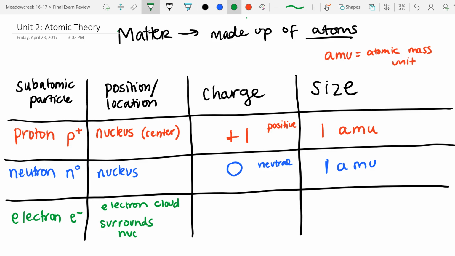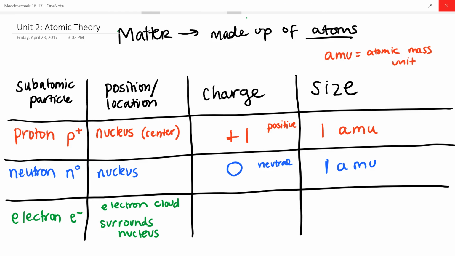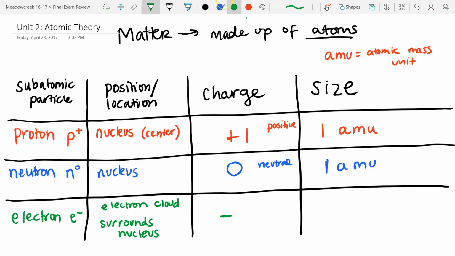We will get into a little more detail about what that means when we talk about electrons themselves, but we're just doing a general overview right now. The electron, as you might have guessed from its negative exponent, has a charge of -1. So it is a negative particle. And its size is roughly 0 AMU.